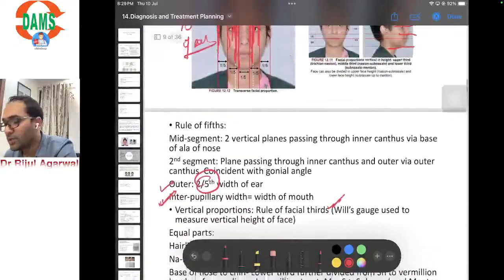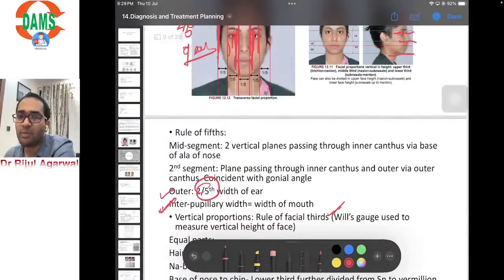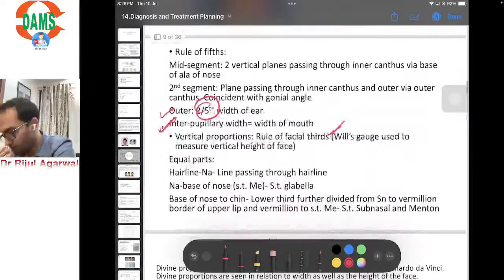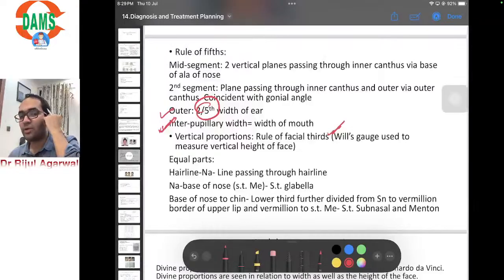And the lower 1/3 is further divided into 2 parts, upper 1/3 and lower 2/3. So subnasal to vermilion from the upper lip, and vermilion to the soft tissue menton from the lower lip. So vertical proportion into 3 parts, and lower 1/3 is further divided into 2 parts.